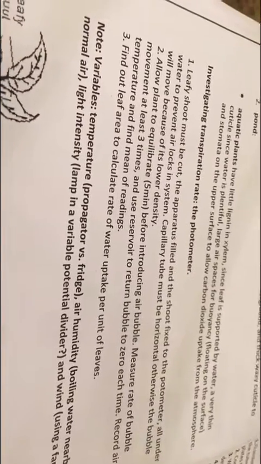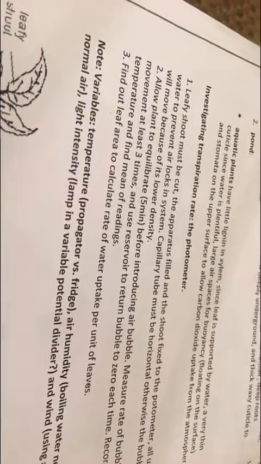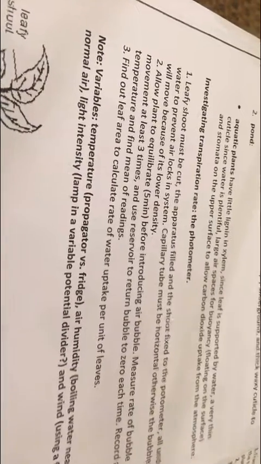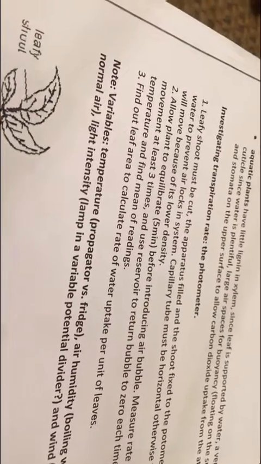Evaporation out of the leaves is called transpiration. But transpiration is different from the transpiration stream. Transpiration is only evaporation of water, while the transpiration stream is the movement of water inside the plant. So transpiration leads to a transpiration stream.